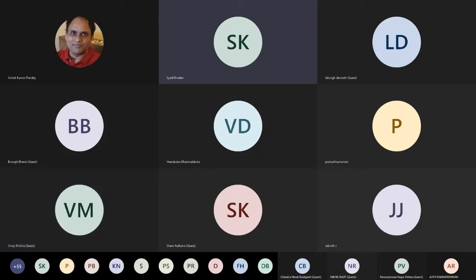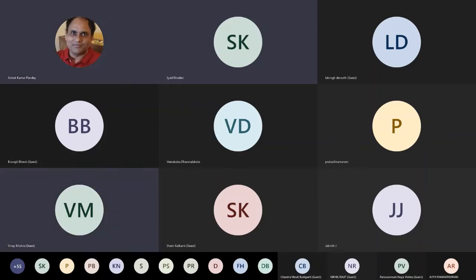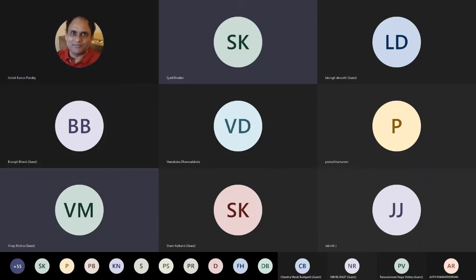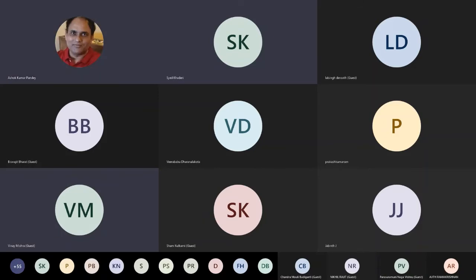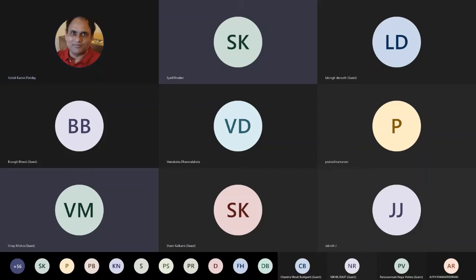Let's say temperature here is like this 0, but your slide is not visible. Not visible.